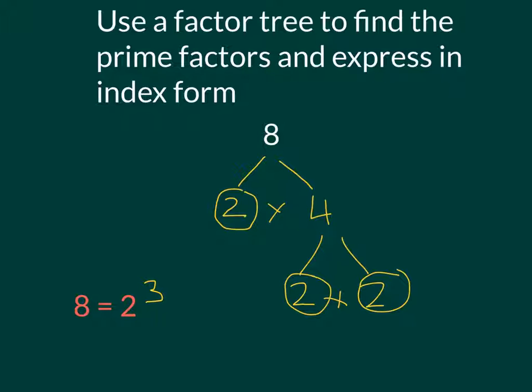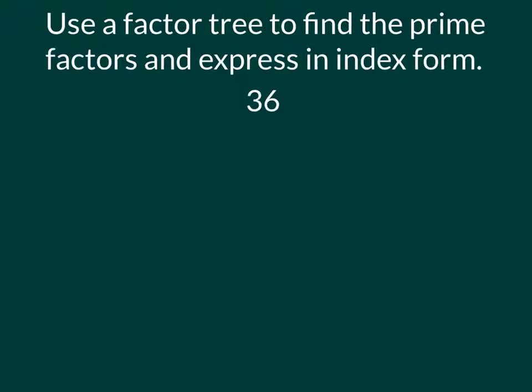So that's a factor tree, and we found the prime factors, 2, 2 and 2. There's 2, 2 and 2 here, and then we've gone 8 equals 2 cubed. So it shouldn't be too bad. Let's do something a bit more challenging in the next one.